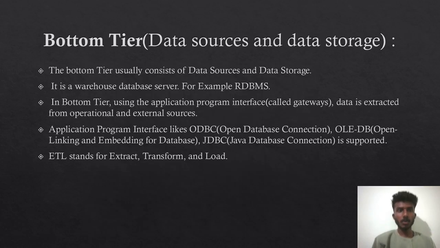So let's discuss one by one. First one is the bottom tier. It is also called data sources and data storage. The bottom tier usually consists of data sources and data storage. It holds various databases, for example RDBMS. In the bottom tier, data is extracted from operational and external sources through application program interfaces like ODBC, Open Database Connectivity, OLEDB, Object Linking and Embedding for Databases, and JDBC, Java Database Connectivity, which are supported. ETL stands for Extract, Transform and Load.